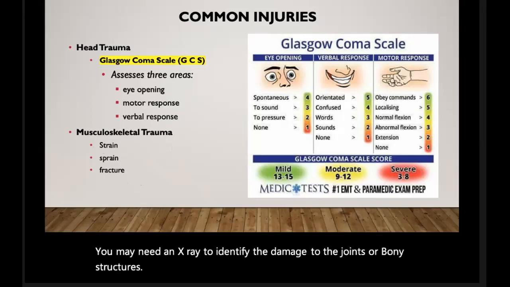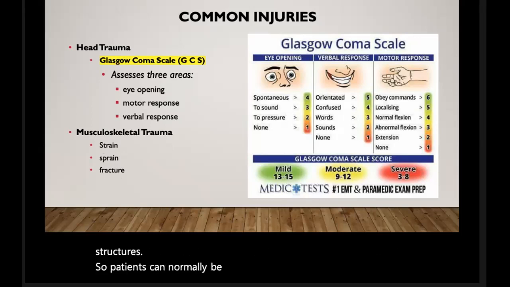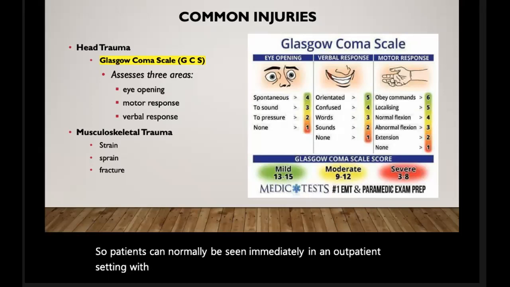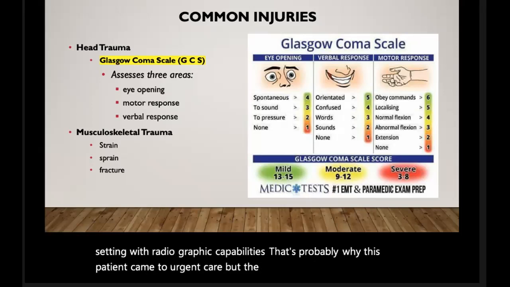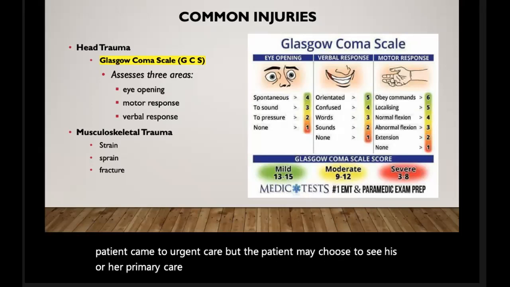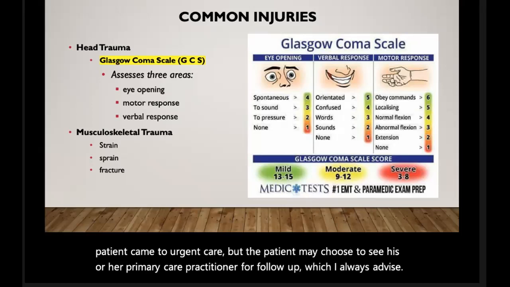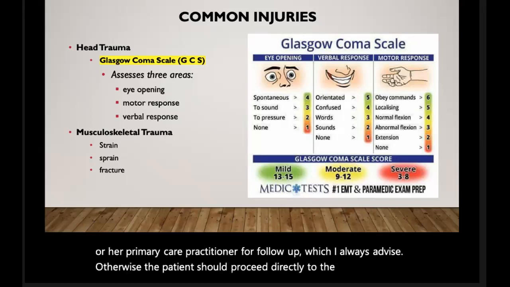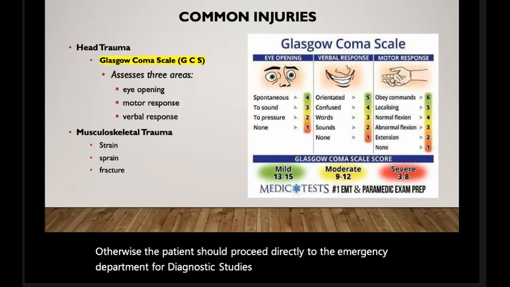So patients can normally be seen immediately in an outpatient setting with radiographic capabilities. That's probably why this patient came to urgent care. But the patient may choose to see his or her primary care practitioner for follow-up, which I always advise. Otherwise, the patient should proceed directly to the emergency department if diagnostic studies or further intervention is needed.